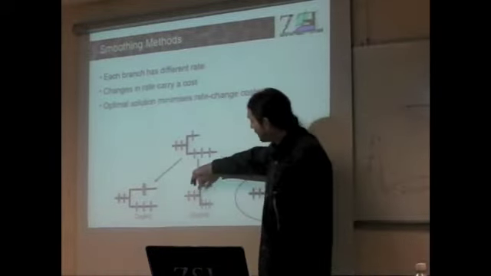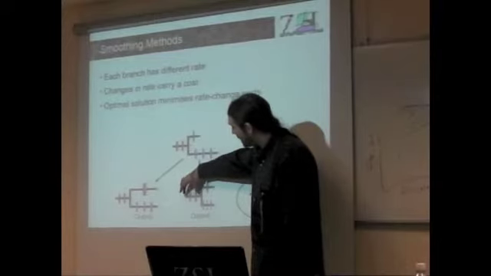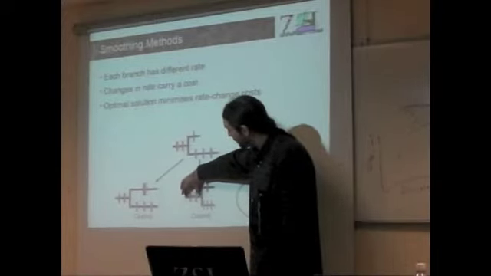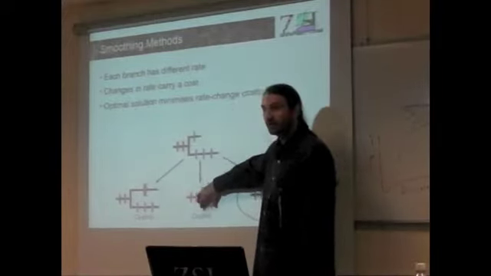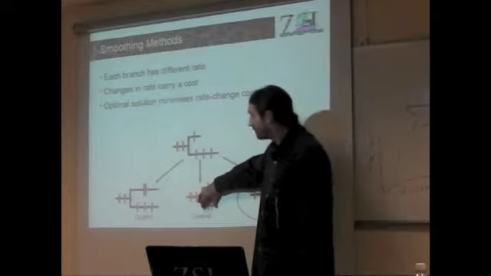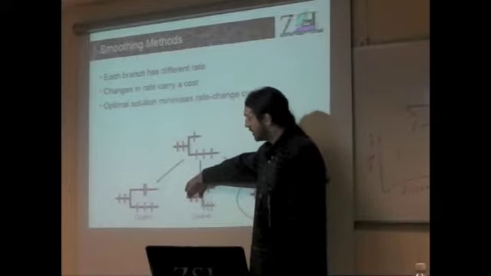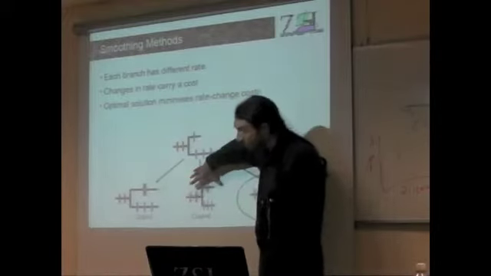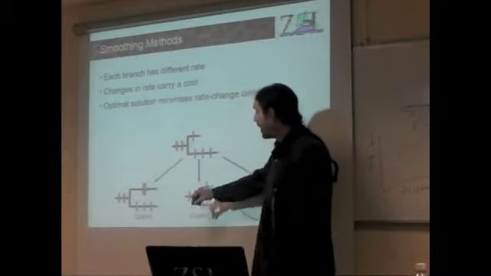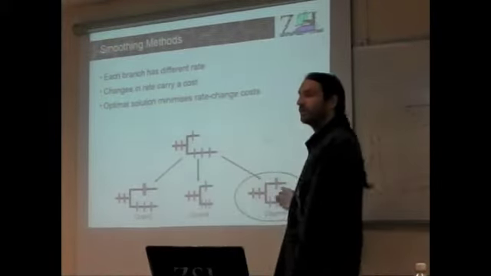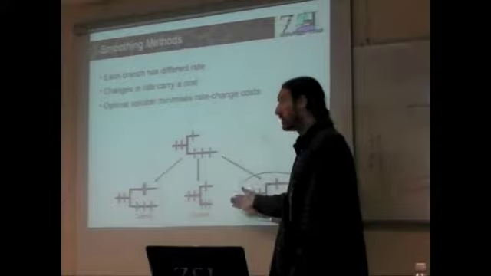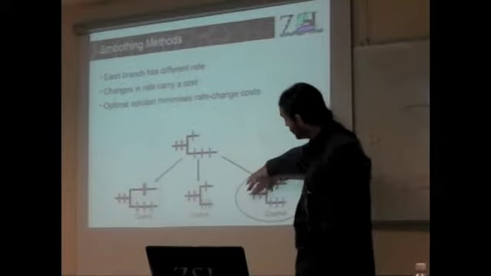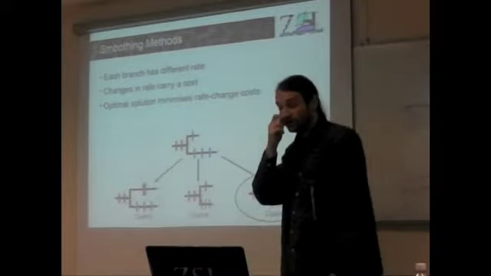So typically it's the difference between this substitution rate and the daughter lineage substitution rate, and you have costs associated with stretching this to this and stretching this to this. Then you can compare lots of examples and choose the rate change that has the lowest cost.